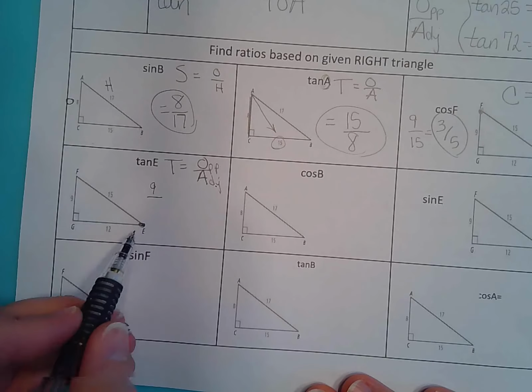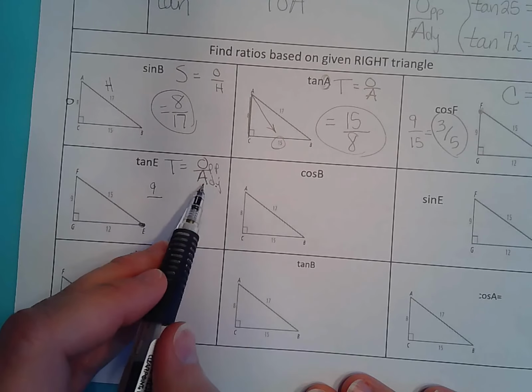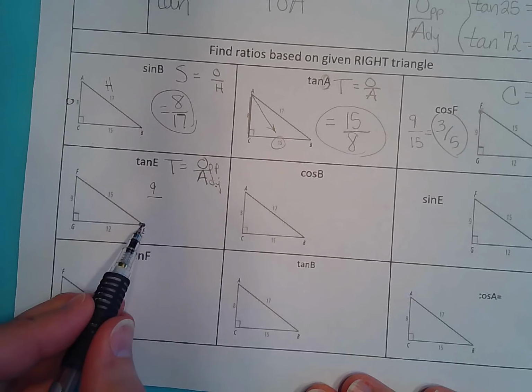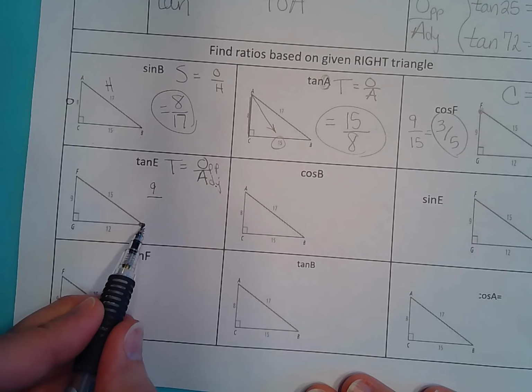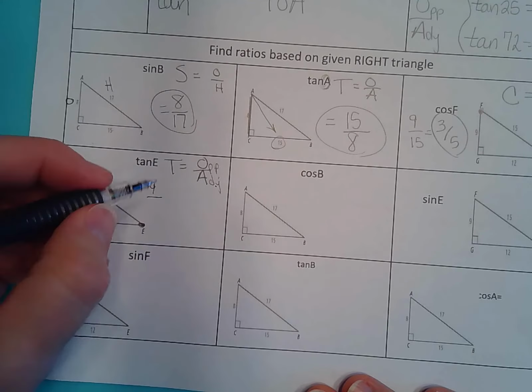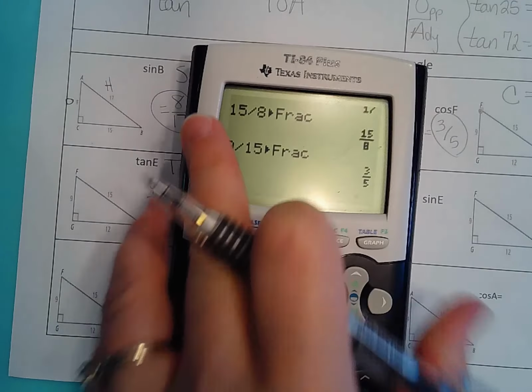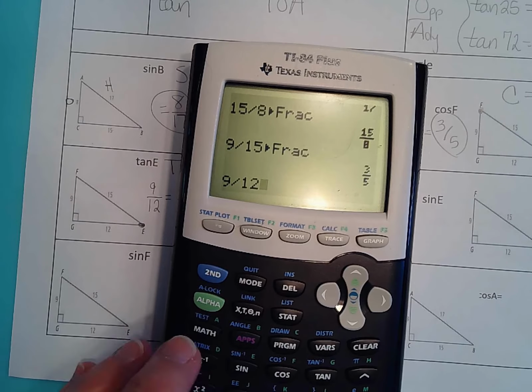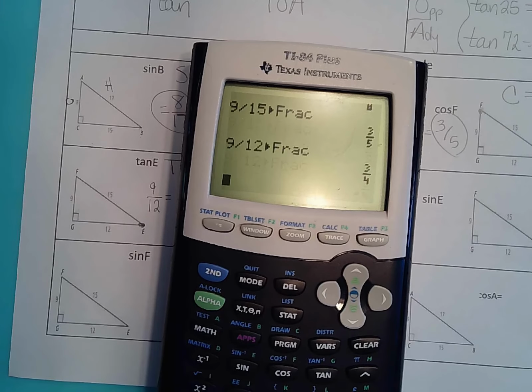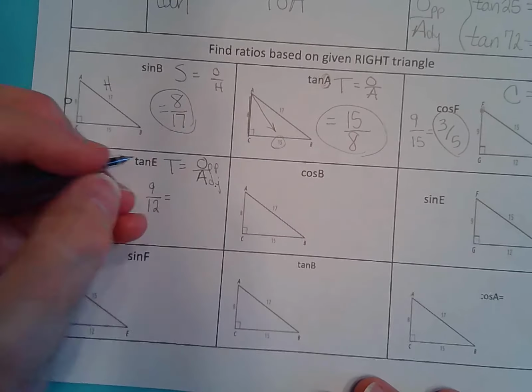Now put your pencil back on E. What is the adjacent? In other words, what's the straight side that's touching E? 12 is hopefully what you come up with because 15 is the hypotenuse. You always have to pick two out of the 3 sides. Reduce them, aha, so 3/4.